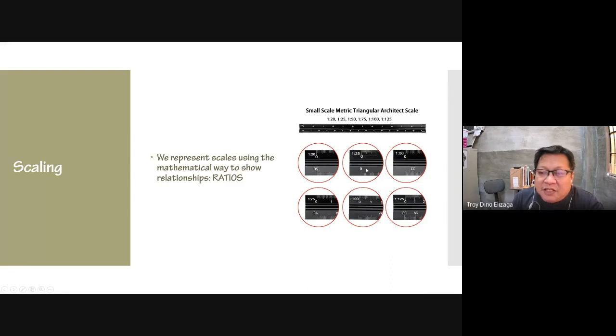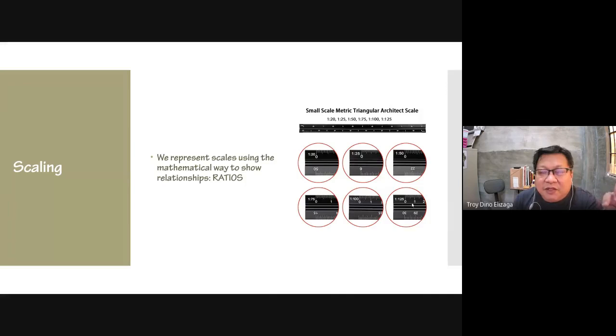We actually try to avoid the 1 is to 25, 1 is to 75, and 125 because they're very difficult to figure out. When you don't have a triangular metric scale, you can actually use the normal ruler with centimeters.